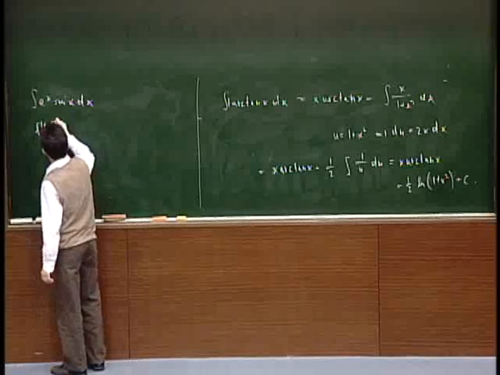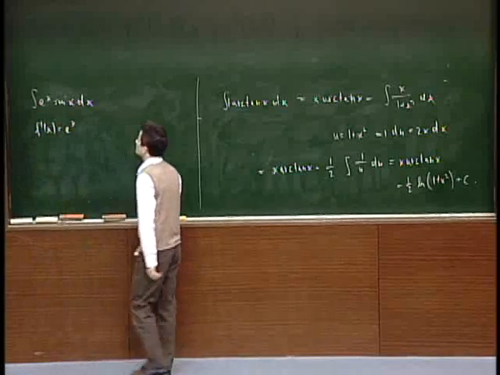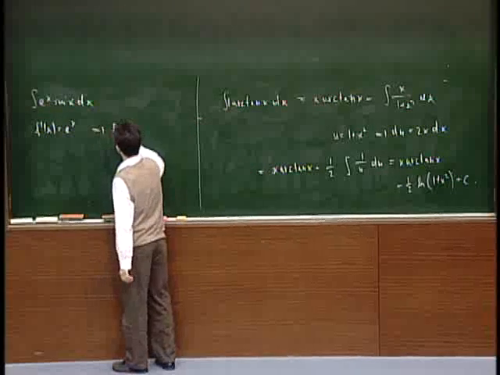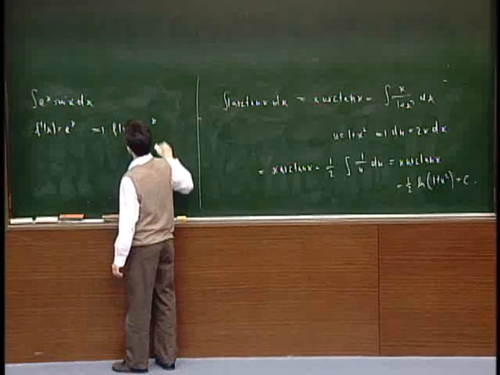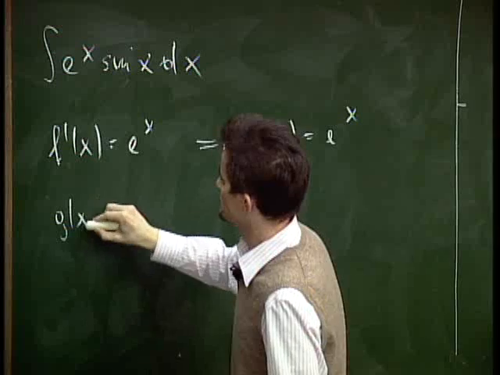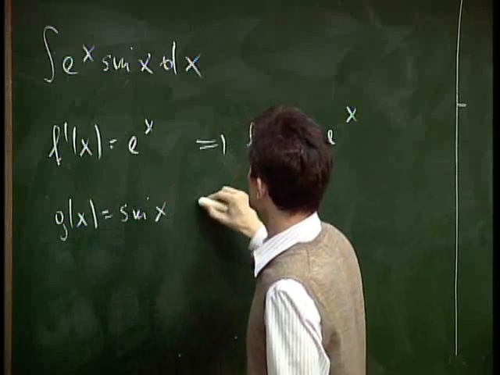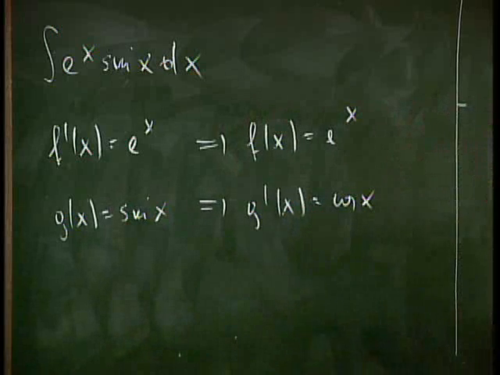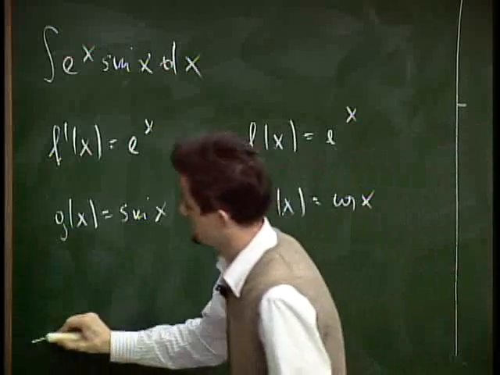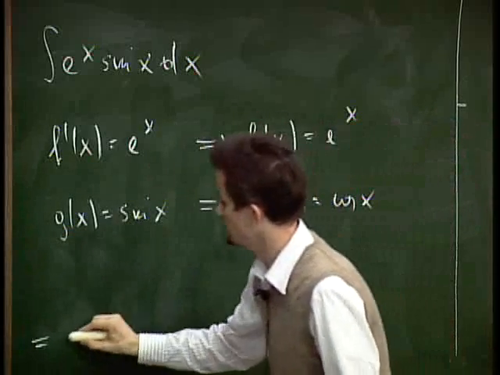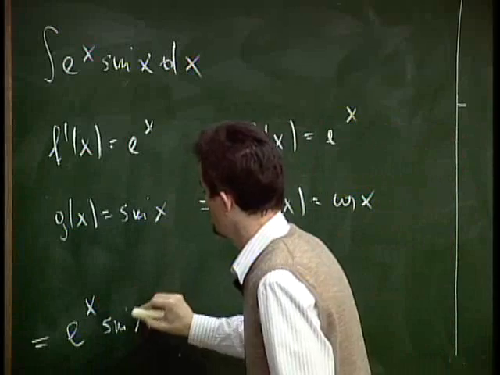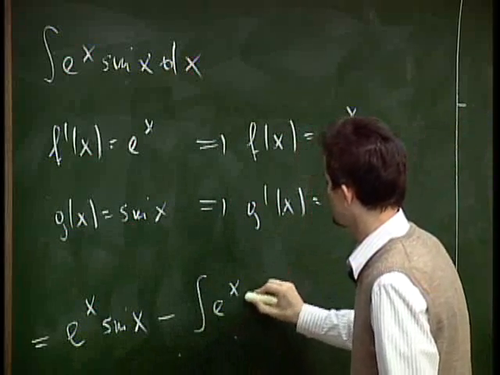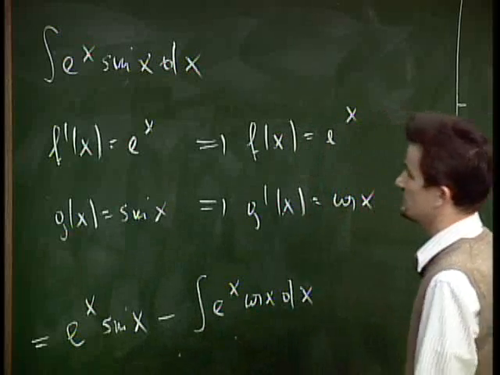So the derivative of f of x should be equal to e to the x, which means f of x is equal to e to the x, and g of x is equal to sine of x, which means the derivative of g of x is equal to cosine of x. Now this means that the integral is equal to e to the x sine of x minus the integral e to the x cosine of x dx.